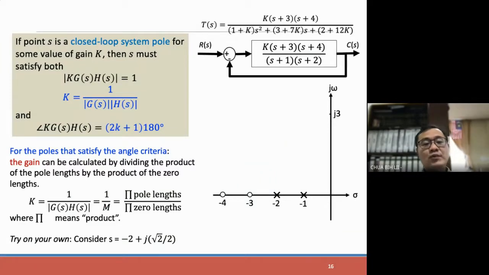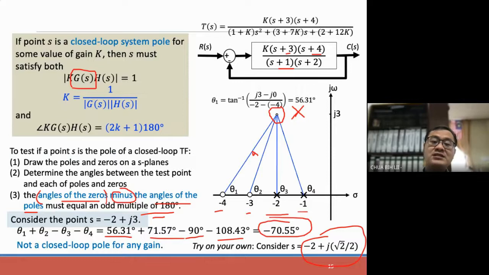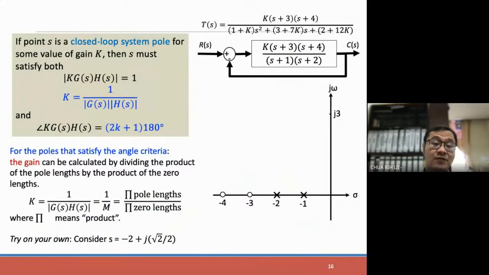So this is how we can use the property of the closed loop transfer functions, the property of the root locus, to identify a test point. So for the point that satisfies the angle criteria, meaning to say if you get this value satisfying the -180 degree criteria, therefore now the K value we can obtain graphically.